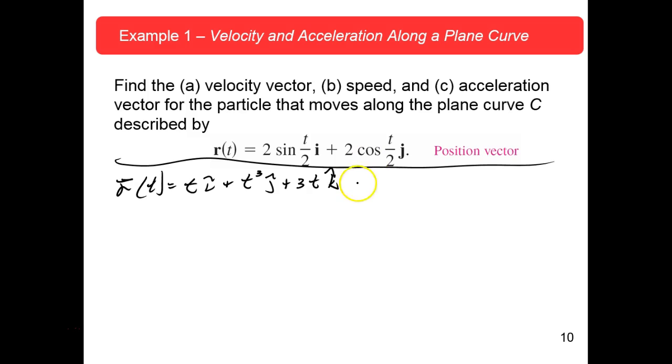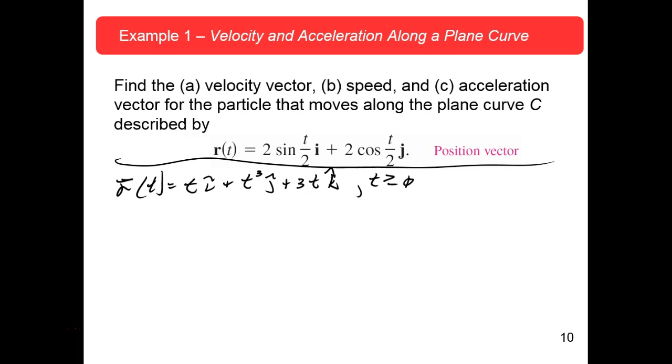Okay, now this one limits the t to be greater than or equal to 0. So you don't have any negative t's in this one. The other one had no limit on the t, so we could put negatives in there. This one says that you're limited to t greater than or equal to 0. Okay?